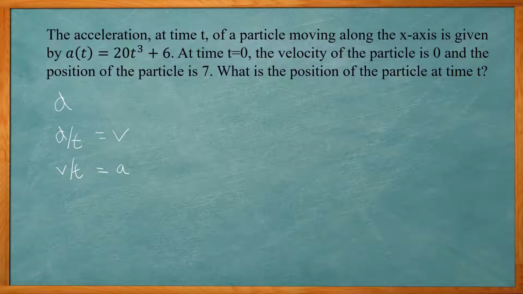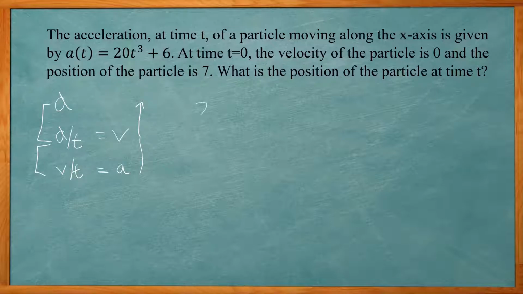So if I take the derivative of the distance formula, that will give me the velocity formula. If I take the derivative of the velocity formula, that'll give me the acceleration formula. Now in this problem, we're actually going in the other direction. We're going to go from acceleration to velocity to distance. So to do that, we need to take the integral each step.